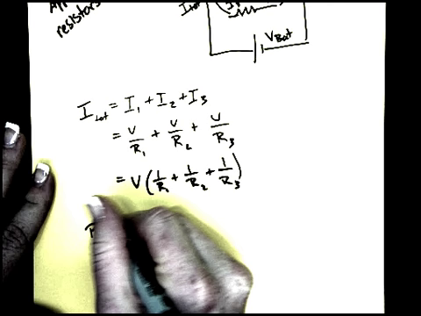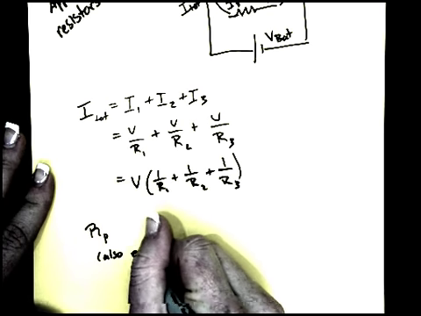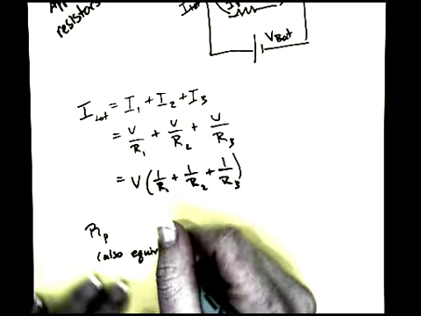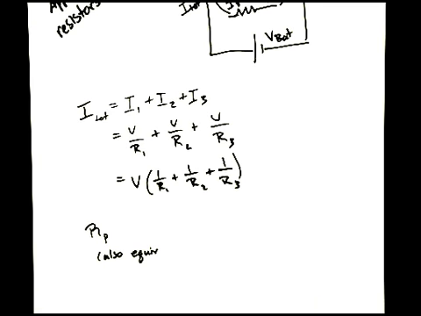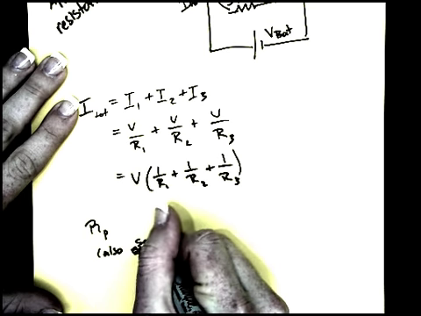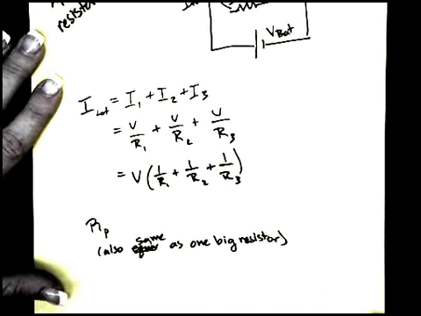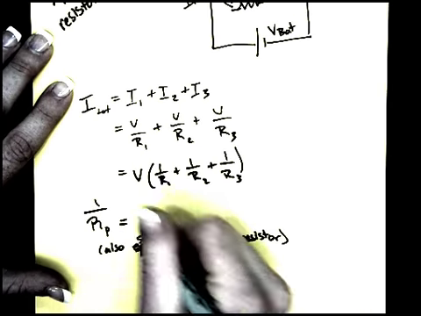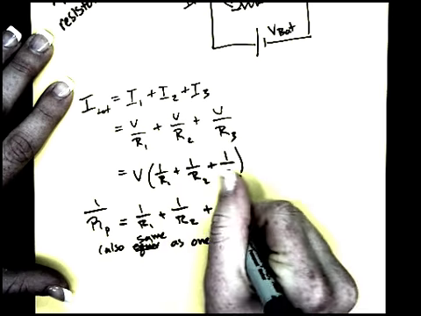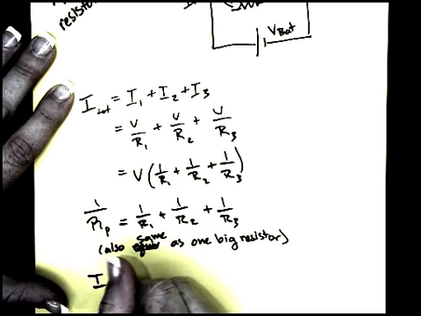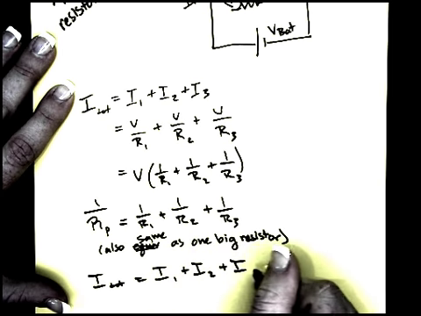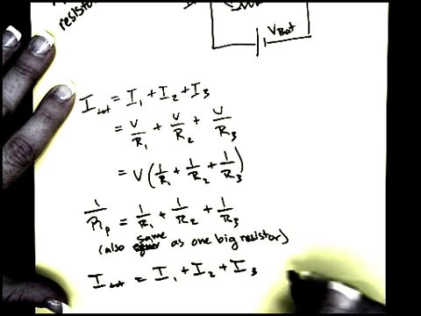Our total current is I1 plus I2 plus I3, which equals V over R1 plus V over R2 plus V over R3. Then we can pull out that V, and we have 1 over R1 plus 1 over R2 plus 1 over R3.